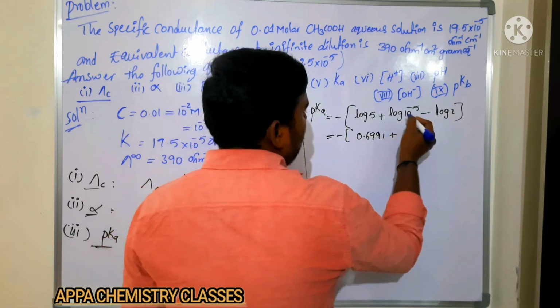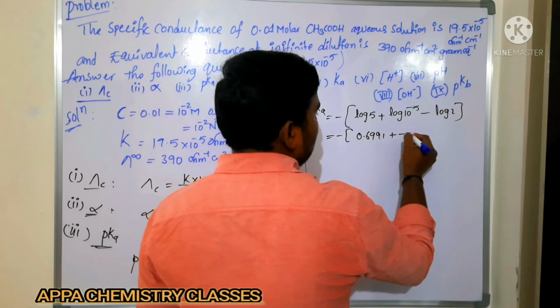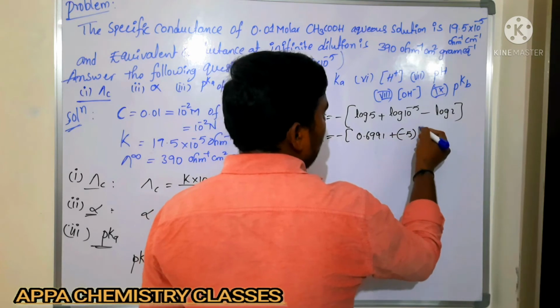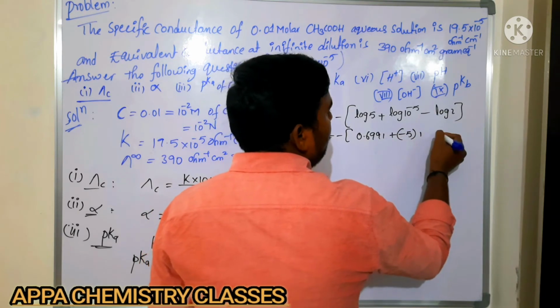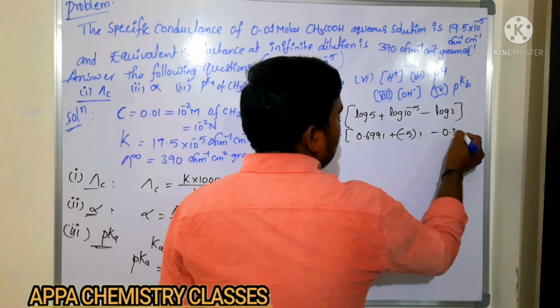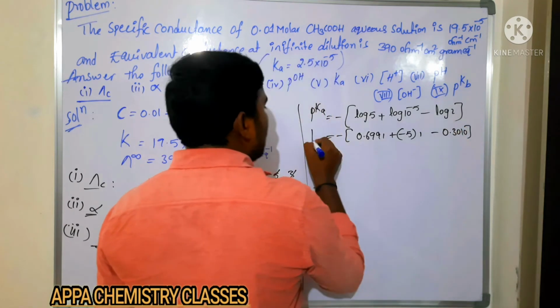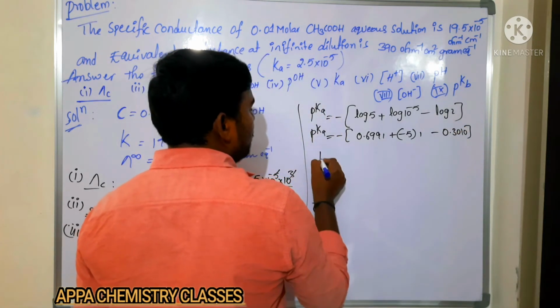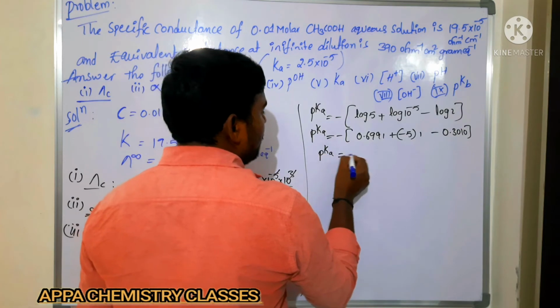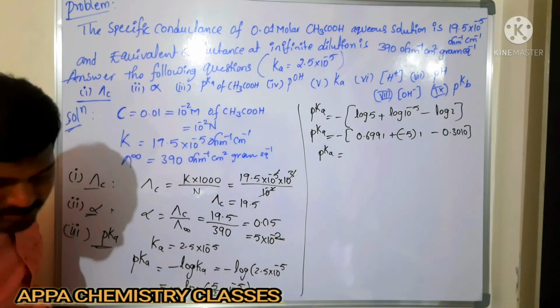0.6991 plus log 10 power minus 5, that is minus 5 into log 10 is 1, log 2 is 0.3010. You do this calculation, you are going to get the pKa value. So how much is the pKa value?